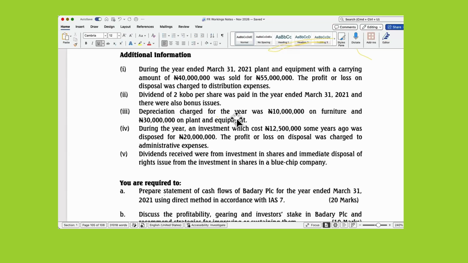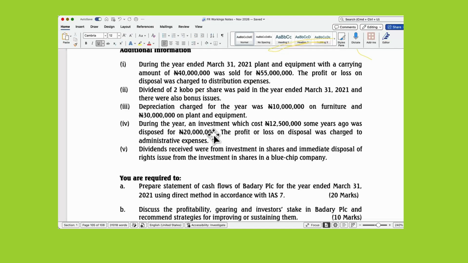But what happened here is this. What they were charging to admin now was an income, a profit. So like these notes 4, these investments, this profit on disposal that was charged to admin happens to be an income. When an income is charged to admin, it will net off the expense. You cannot possibly add income to expense.